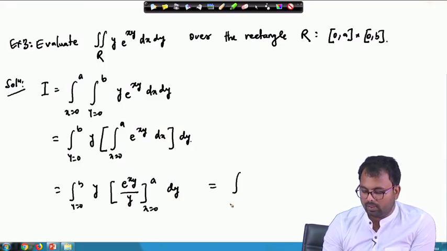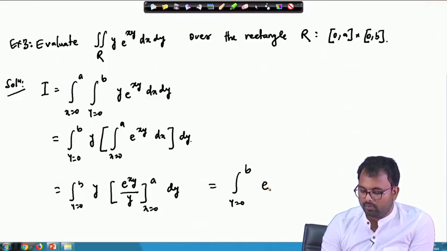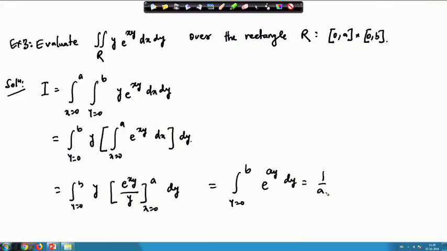So, this will be the integral with y running from 0 to b, then this y will get cancelled and we will have e to the power ay dy. When we integrate this one, this will be 1 by a e to the power ay, and y will run from 0 to b.